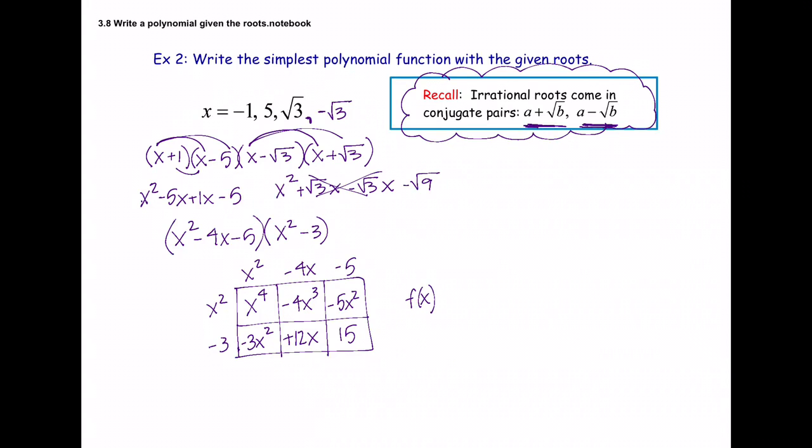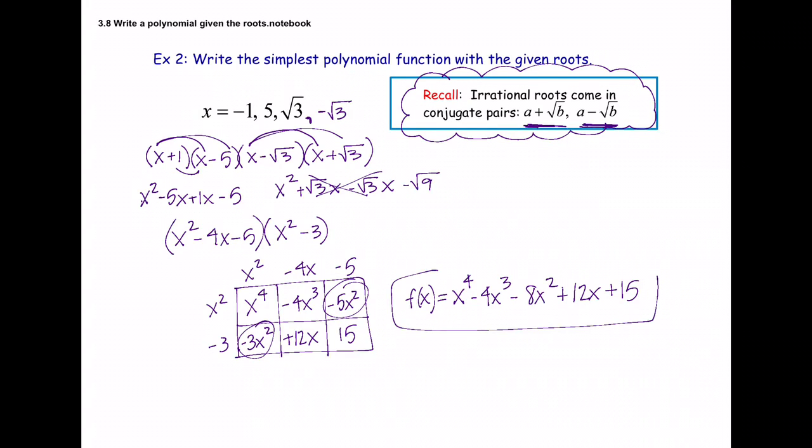Combine your like terms to write your simplest polynomial function. We have x to the 4th minus 4x to the third, negative 3x squared minus 5 more x squareds is negative 8x squared plus 12x plus 15, and we are finished.